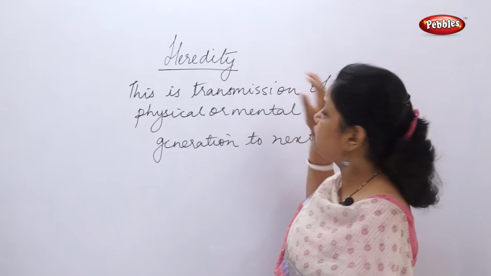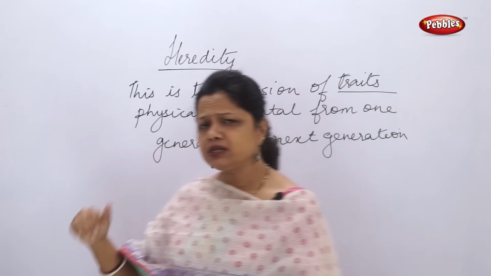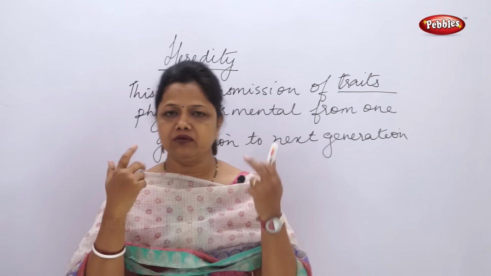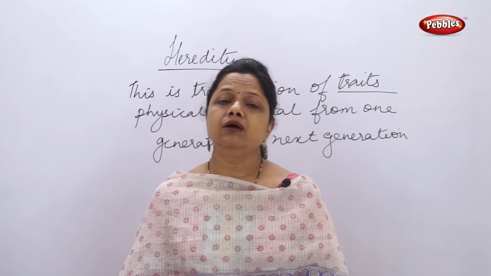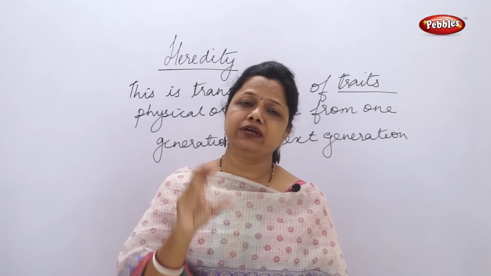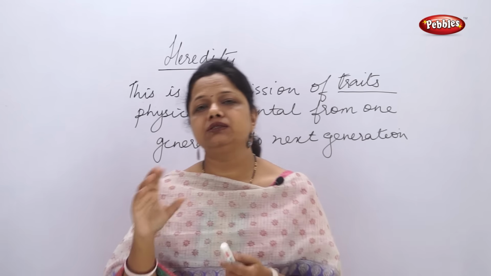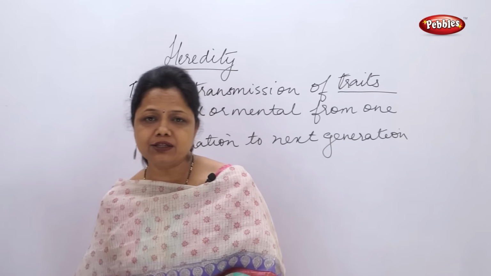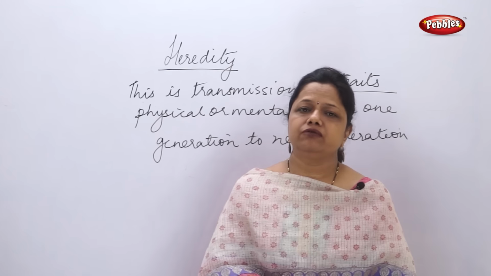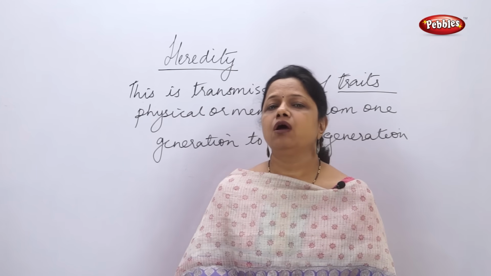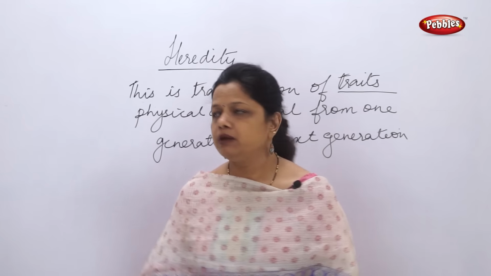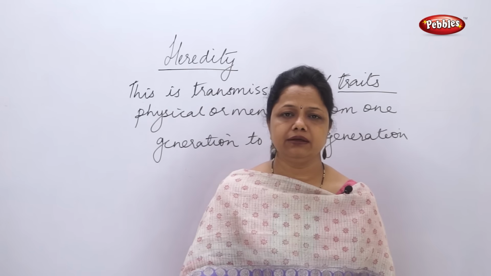So the transmission of traits, physical or mental. Physical, the ones we can see. Mental, the ones we can assume or feel, that this person is mentally, intellectually very similar to the parents. So when these characters are transferred from parents to offspring, this is called heredity.